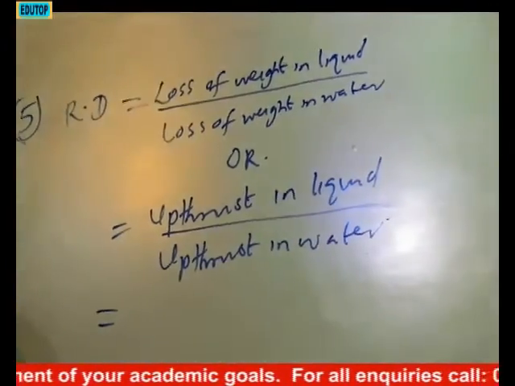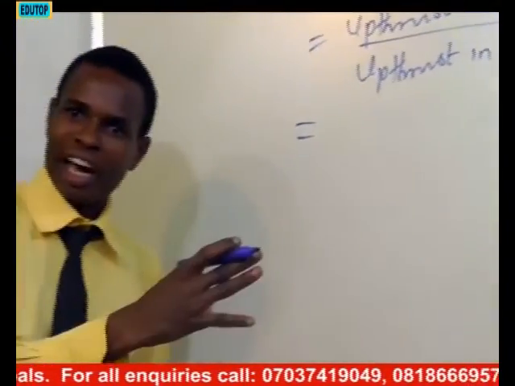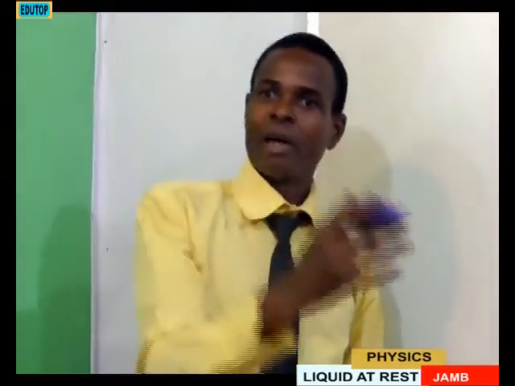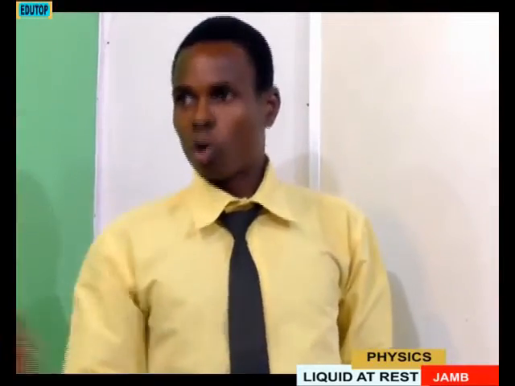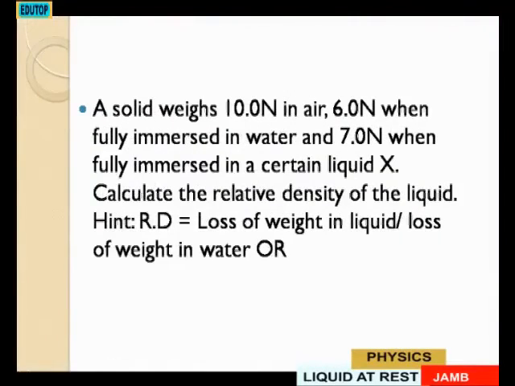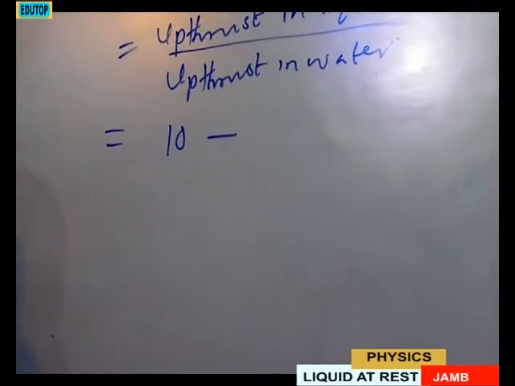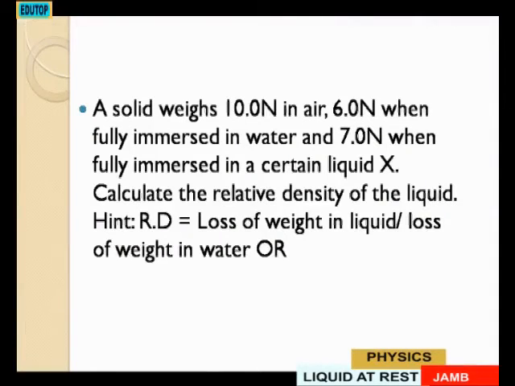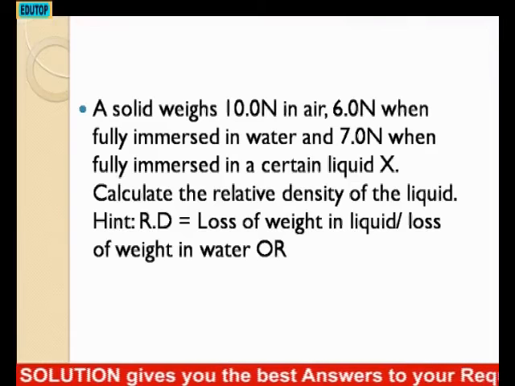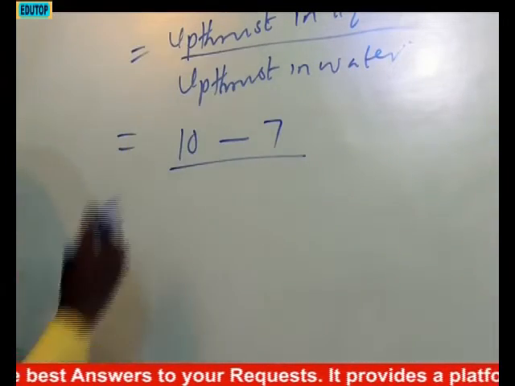Loss of weight in liquid is going to be the weight in air minus the weight in liquid. For water, the weight in air minus the weight in water. Let's look at the values from our question. A solid weighs 10 Newton in air. For loss of weight in liquid, it is 10 minus the weight in liquid. We are told liquid X, 7.0 when fully immersed in a certain liquid X. That's minus 7. What about water?